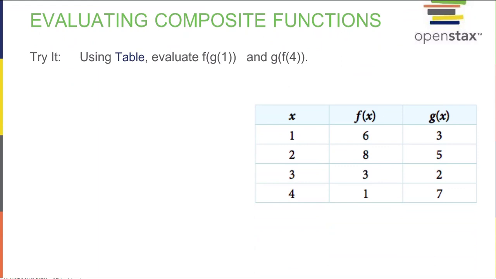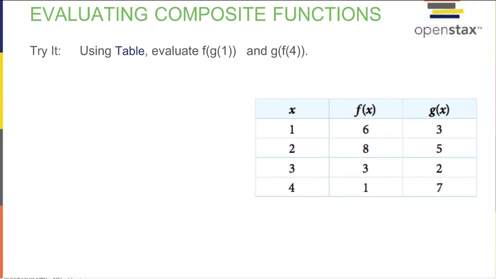So now, this one is a try it. I'm going to do this first one with you, and then I'll let you try the second one. So we want to find f of g of 1 using a table. So go inside out.